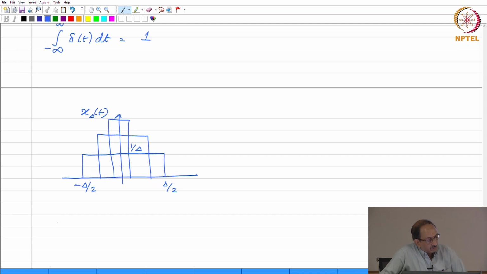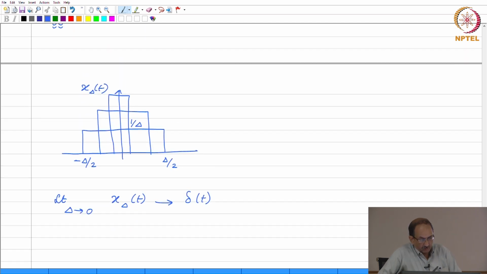Therefore, as the limit cap delta tends to 0, the limit of x suffix cap delta of t tends to the unit impulse. So, this is the picture that we have of the delta function.